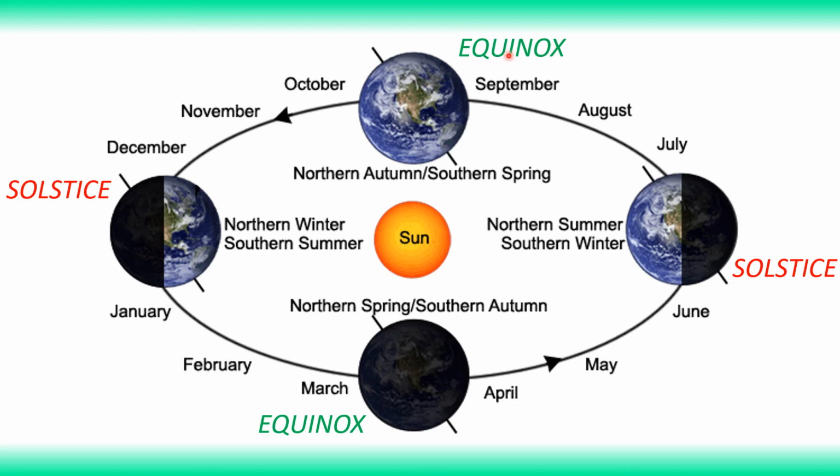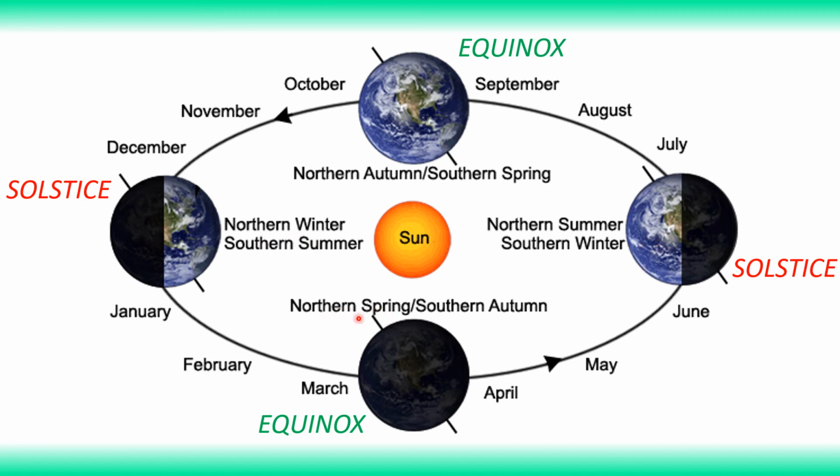So in September, this would be transitioning out of summer in the Northern Hemisphere towards winter in the Northern Hemisphere. So that means it's autumn or fall. But 6 months later, you'd be transitioning from winter in the Northern Hemisphere to summer in the Northern Hemisphere.